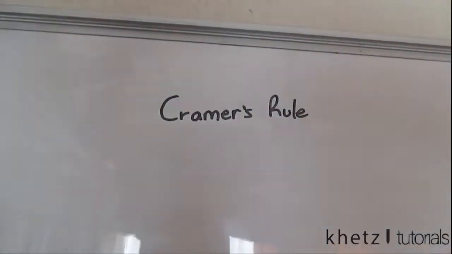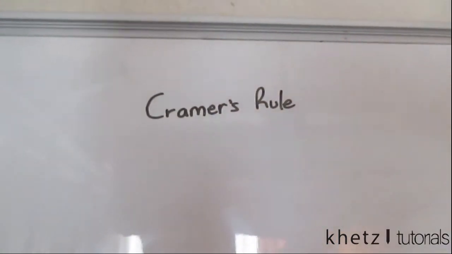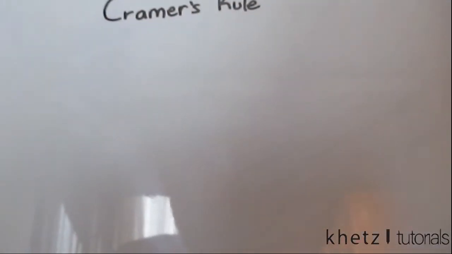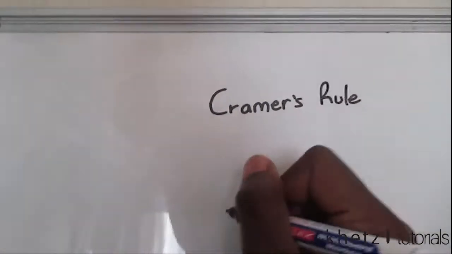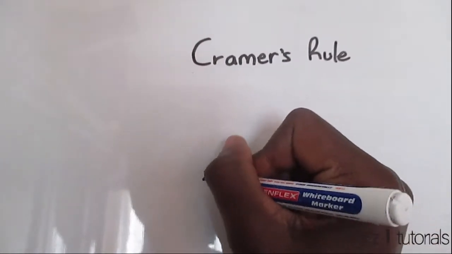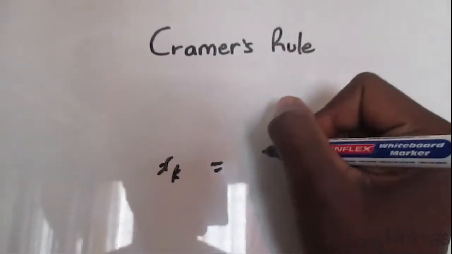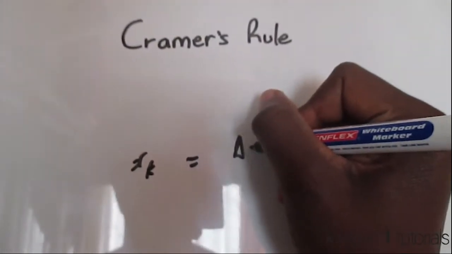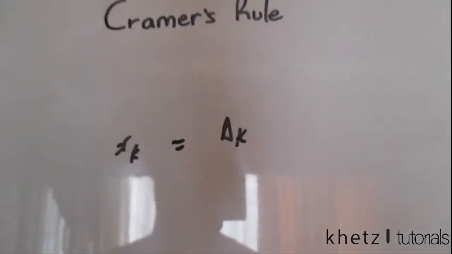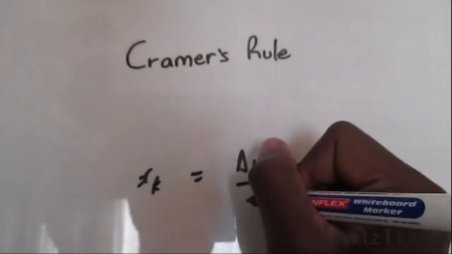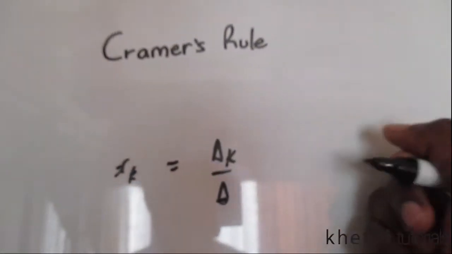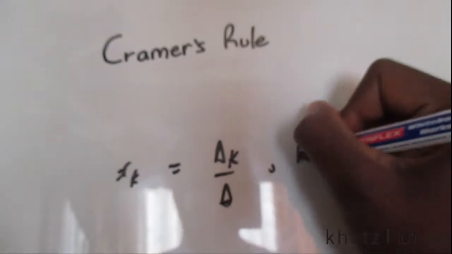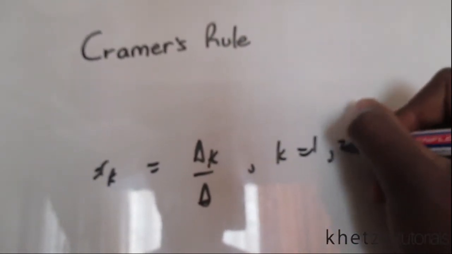So if you don't know what that means, you can quickly look it up. So the general definition of Cramer's rule says to find xk, you have to divide delta k by delta, where k is 1 up to n.